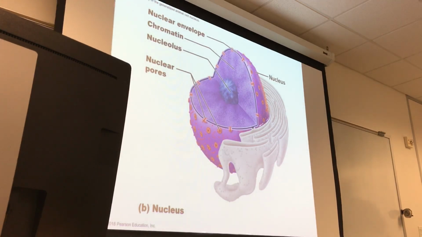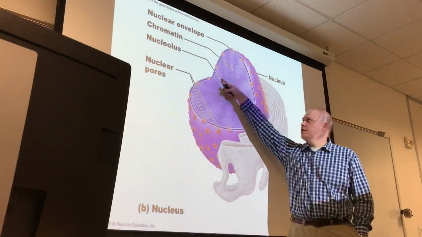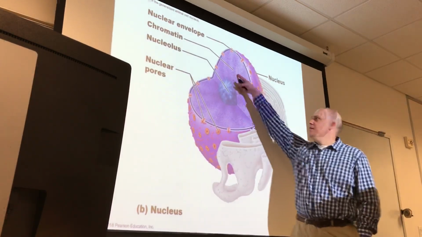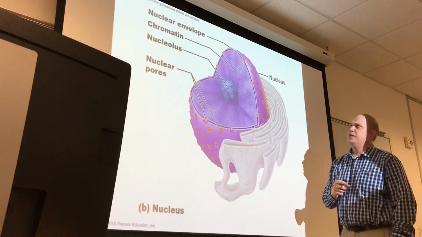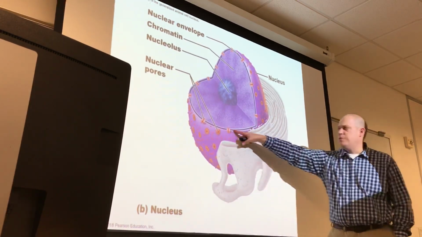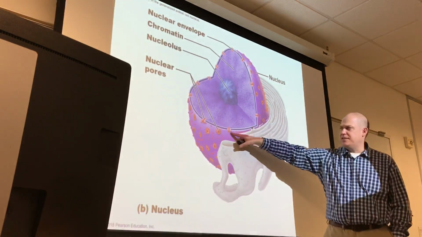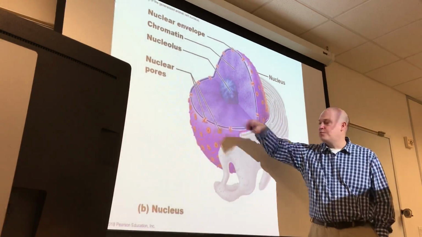So as we take a look at our nucleus a little closer, we can see the nucleolus here in the center. Surrounding it is chromatin, which is relaxed genetic material. And then the outer perimeter of our nucleus is a double membrane known as the nuclear envelope. The nuclear envelope has a series of channels known as nuclear pores.